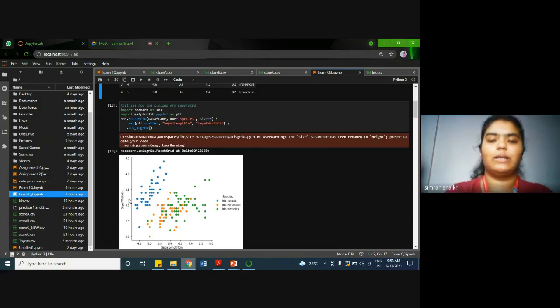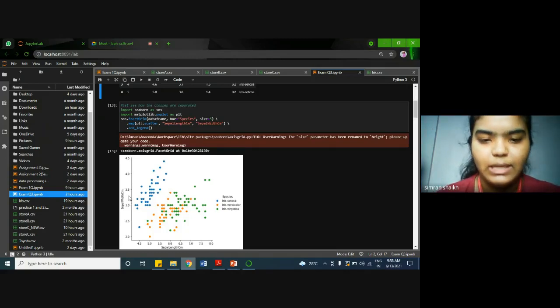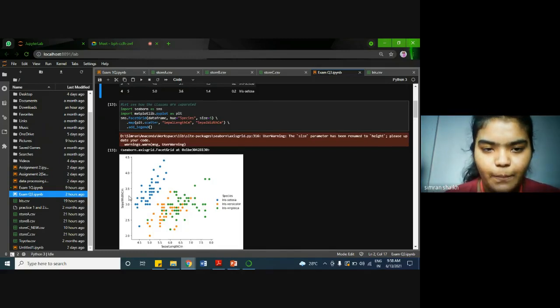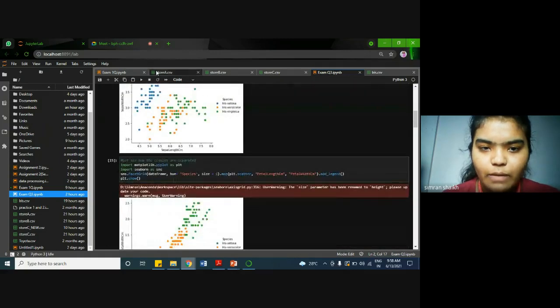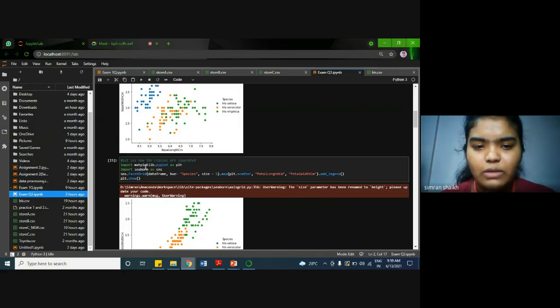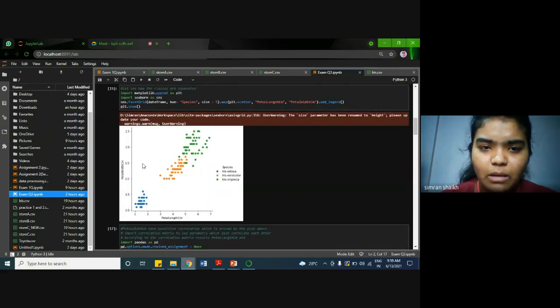So we are going to plot sepal width in centimeters versus sepal length in centimeters, the same as what we have done in our code. Here we are using matplotlib. As I told you, matplotlib is also used for graphs, the original version for plotting graphs in Python.